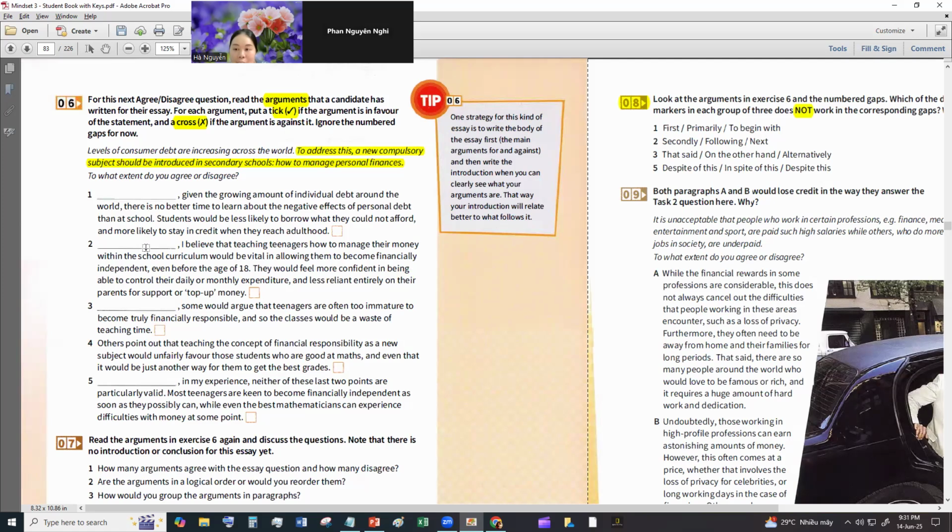Okay, so Nghi, your job is to look at gap number 1, 2, 3, and 5 and select the one that does not go into the gap. So we know which one goes into the gap and which one does not. All right? So you have 4 minutes to do exercise 8. Find the one that does not go into the gap.